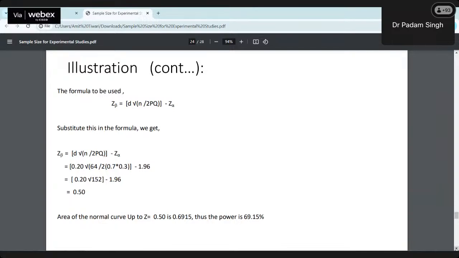So if your sample size is reduced from that 82 desired to 64, it does not mean that your trial goes as a waste. Only thing is your power of the study comes down from that planned 80% to what it comes to 69.10. Please note, this is the message from here.